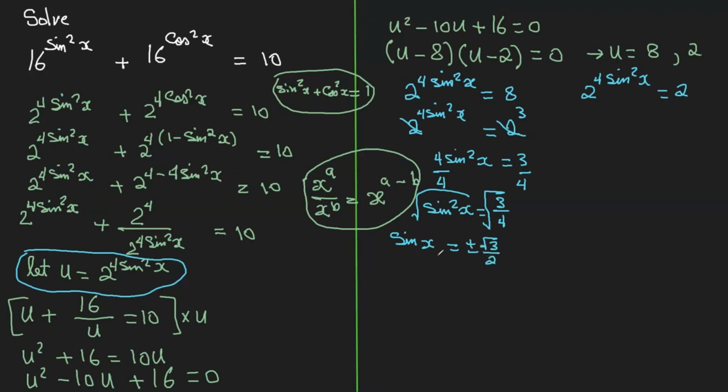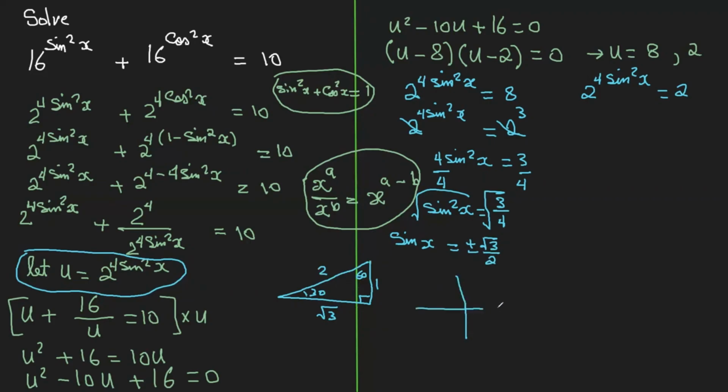Now, we know this here is the special angle triangle of 30, 60, 1, 2, root 3. The angle that has a sine of root 3 over 2 is the 60, because sine 60 is root 3 over 2.